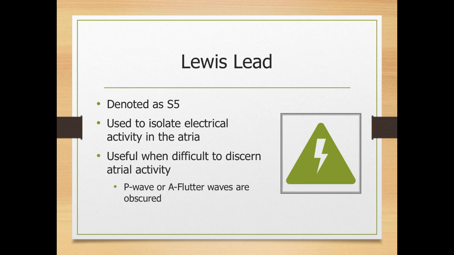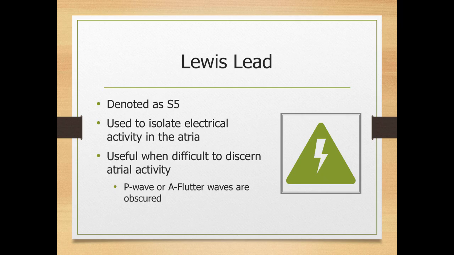So we're documenting it as S5, and we're going to use this when it's hard to see atrial activity. Maybe you see a P wave, maybe you don't. You're not sure if it's a flutter. It's hard to pick out that P wave or that flutter wave. So we can throw them into a Lewis lead and isolate atrial activity.